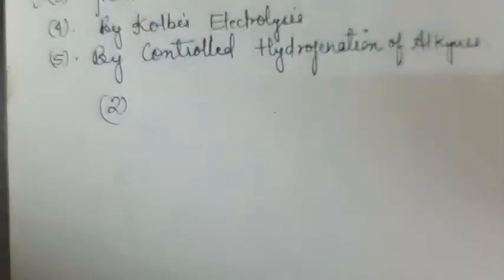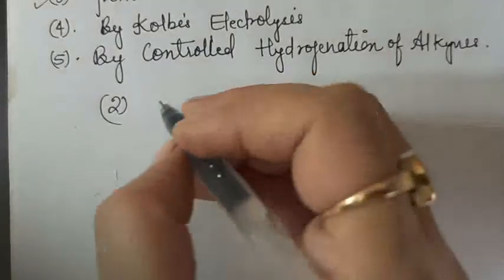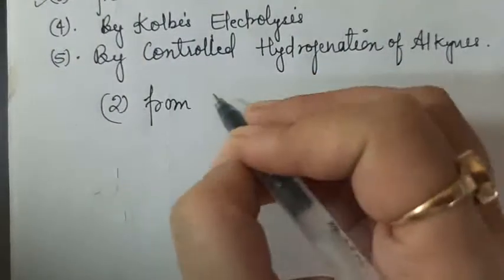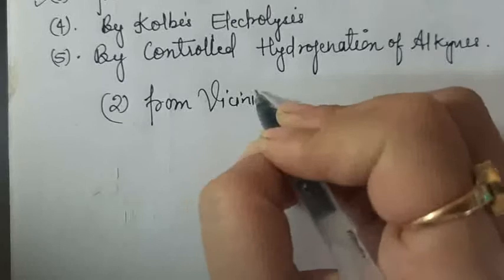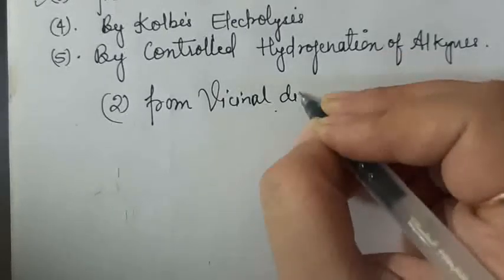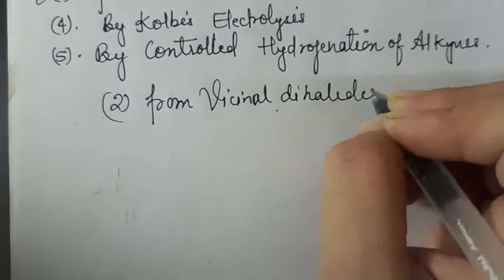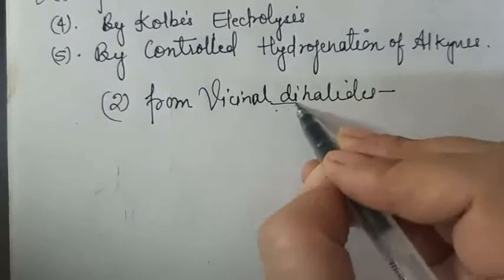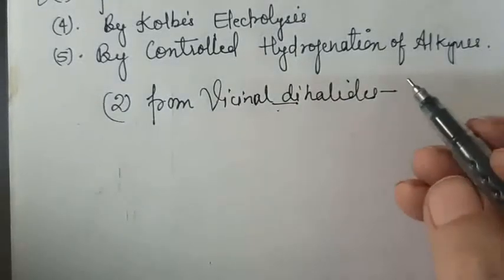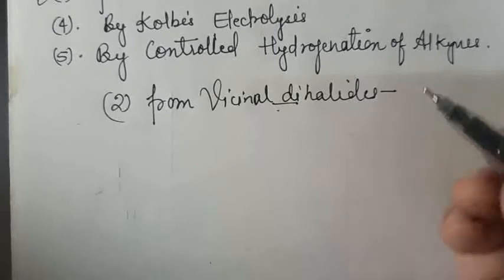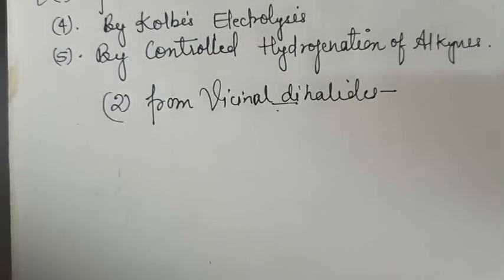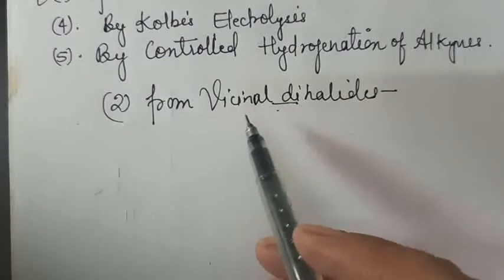So, first of all, we should know what is vicinal dihalide. Di means two, halides means we are talking about haloalkanes or the compounds containing halogen, and vicinal represents the position.